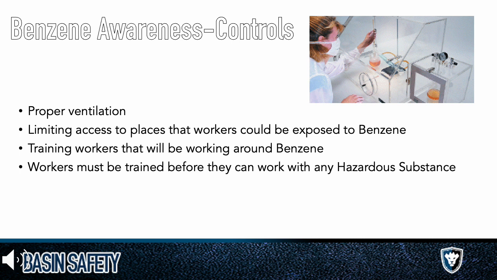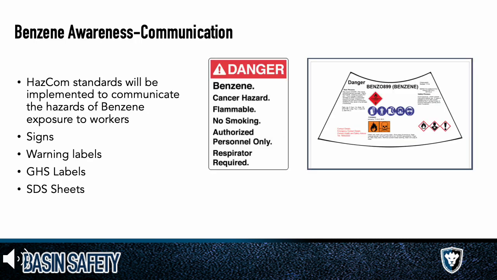Some controls we can use would be proper ventilation, limiting access to places that workers can be exposed to benzene, training workers that will be working around benzene, and workers must be trained before they can work with any hazardous substance. So communication. HazCom standards will be implemented to communicate the hazards of benzene exposure to workers. You have to have signs, warning labels, GHS labels, and safety data sheets.